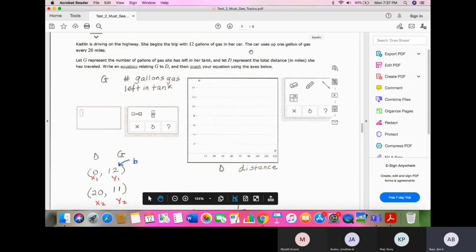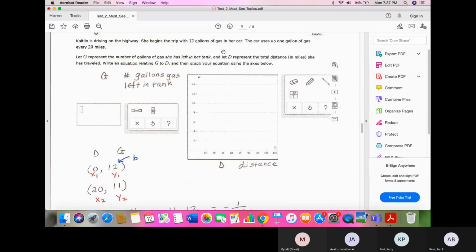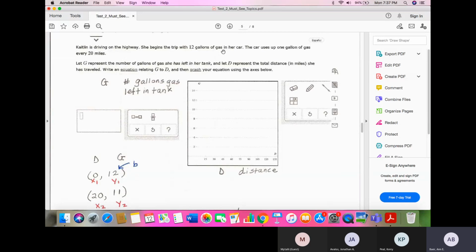Now, this statement here, the car uses up 1 gallon of gas every 20 miles. So what do I want to do? I want to take advantage of that. What's on this axis here, the y-axis, is the number of gallons left in her tank. So she uses up 1 gallon every 20 miles.